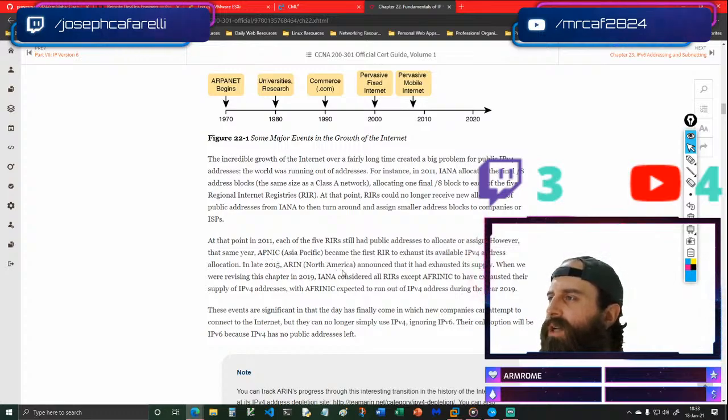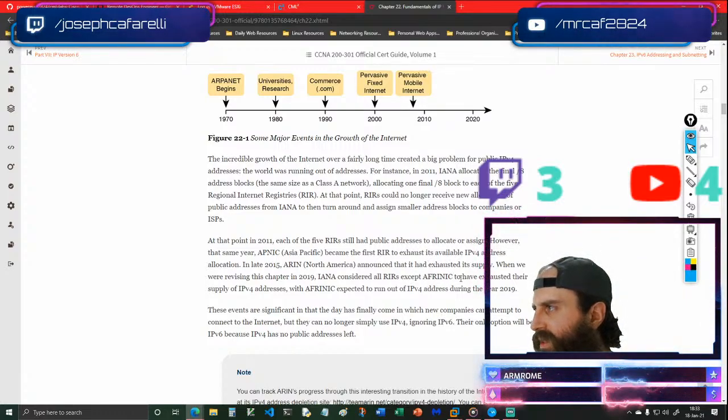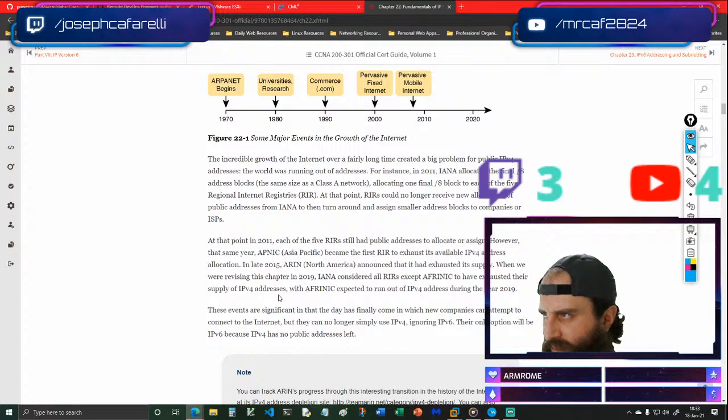And in late 2015, the North American registry announced that it had exhausted its supply. When we revised this chapter in 2019, the IANA considered all regional internet registries except for the African one to have exhausted their supplies of IPv4 addresses, with the African one expected to run out of IPv4 addresses during the year of 2019.